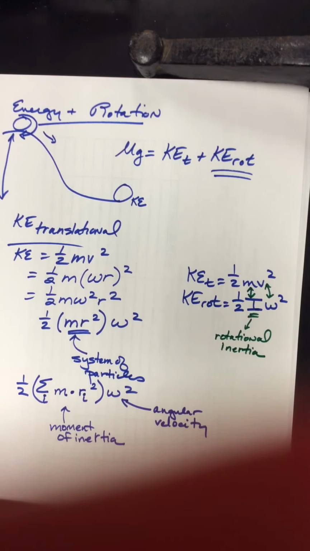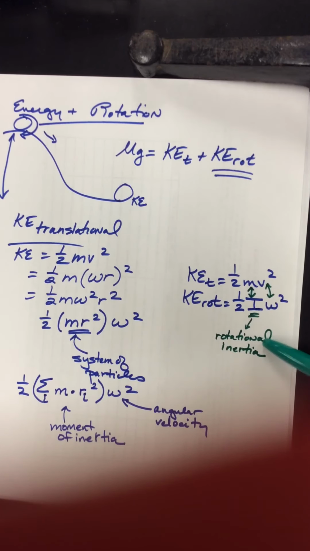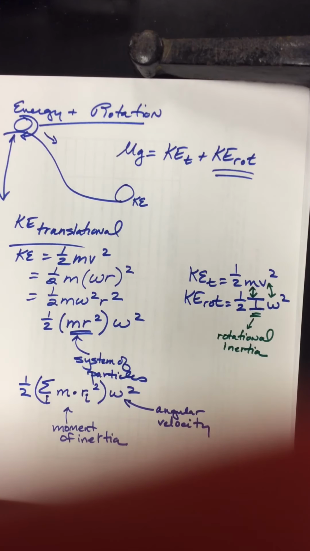If it's already turning, it doesn't want to stop turning. If it is not turning at all, it's very resistant to start turning. So it goes right along with linear inertia, but this one is resistant to changing its rotational movement in whatever plane you're working with.